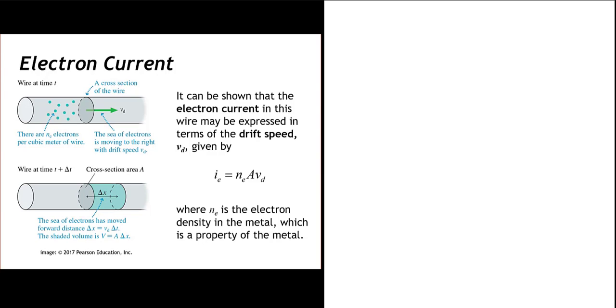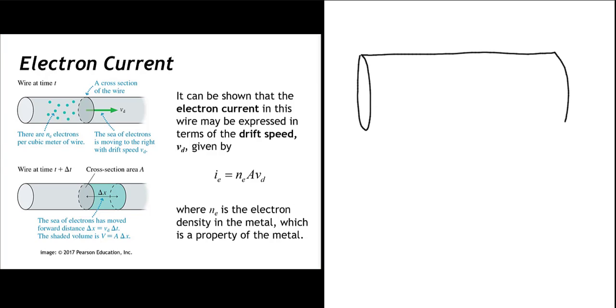It can be shown that the electron current in this wire may be expressed in terms of the drift speed, v_d, given by I equals the number density times the cross-sectional area through which those charge carriers are moving, times the drift speed of the charge carriers. Well, let's go ahead and see how we would show this.